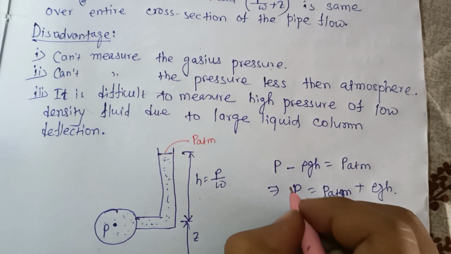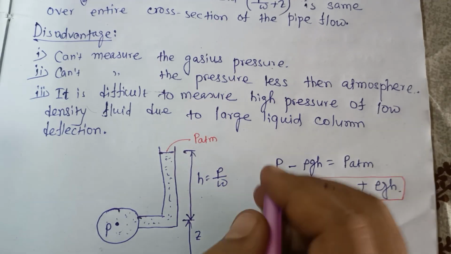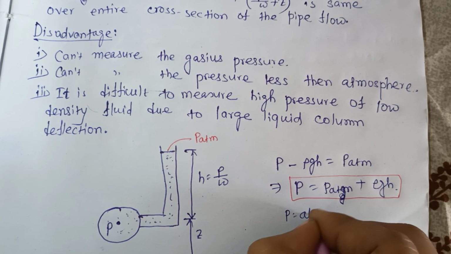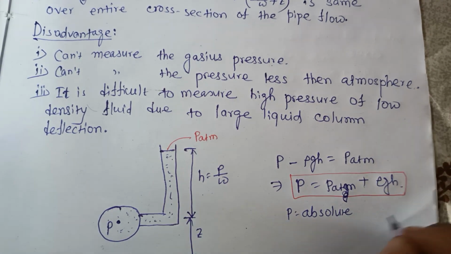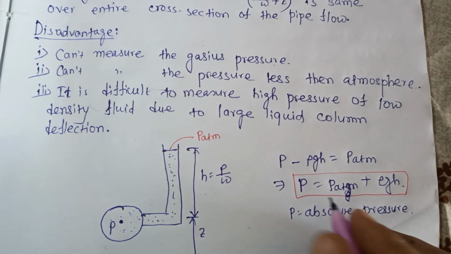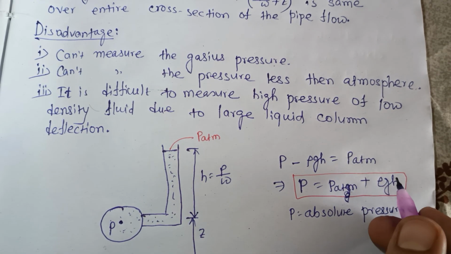This is very, very important. Here P is the absolute pressure, P atm is the atmospheric pressure, and rho g h is the gauge pressure.